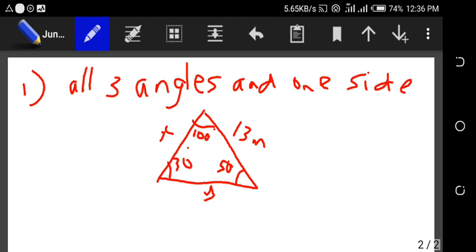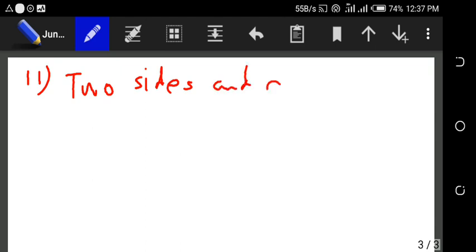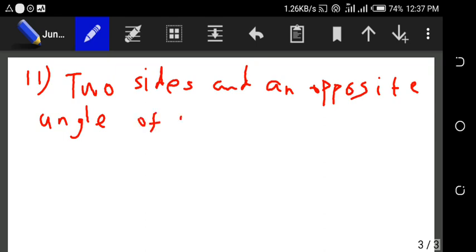The second condition is this, number 2 now. When we have two sides given, so when two sides of a triangle are given and an opposite angle of one of the given sides, let me try to write that, one of the given sides.